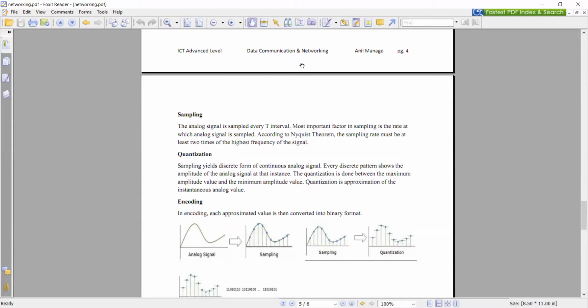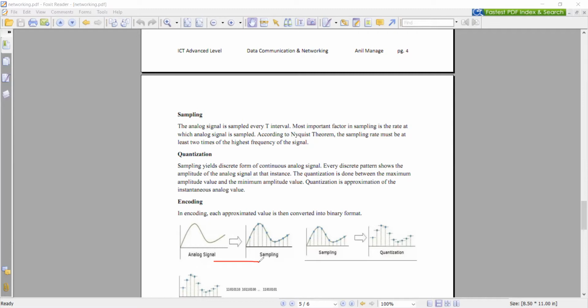You just want to know what method you are using, but these are additional stuff for you all, right? So sampling means the analog signal is sampled every t interval. දැන් මෙතන බලන්න diagram sampling එක, that means every t interval. We don't know actually the time interval කීයද කියලා. අපි තප්පරෙන් තප්පරේ, නැත්නම් තප්පර දෙකෙන් දෙක, නැත්නම් මිලිසෙකන්ඩ් එකෙන් මිලිසෙකන්ඩ් එක, මොකක් හරි method එකක් use කරලා මේක sample කරගන්න, right? කෑල්ල කෑල්ල මේක වෙන් කරගන්න එකයි මෙතන කියන්නේ sampling කියලා. The analog signal is sampled every t interval.